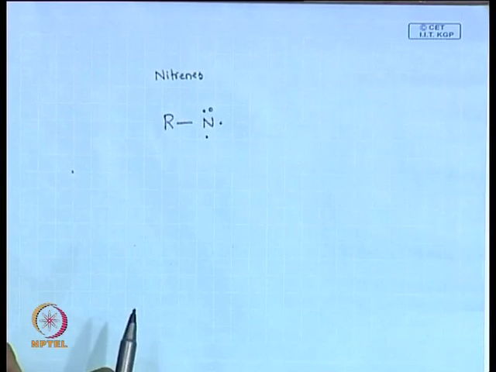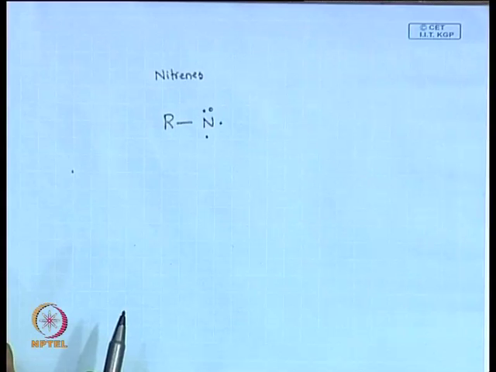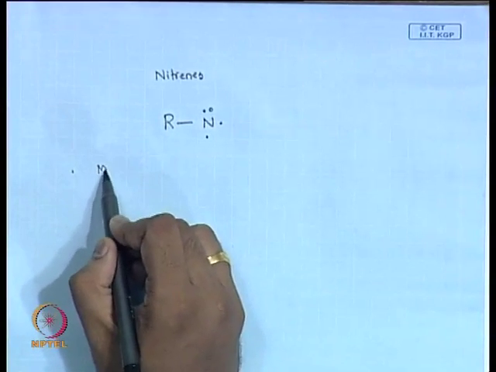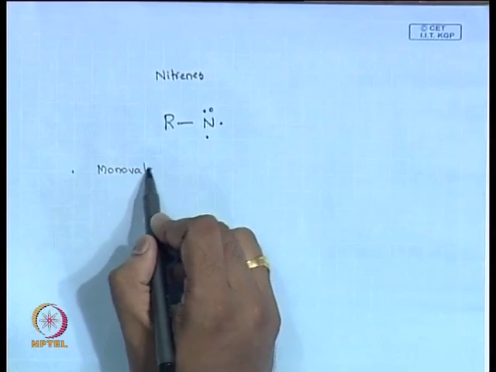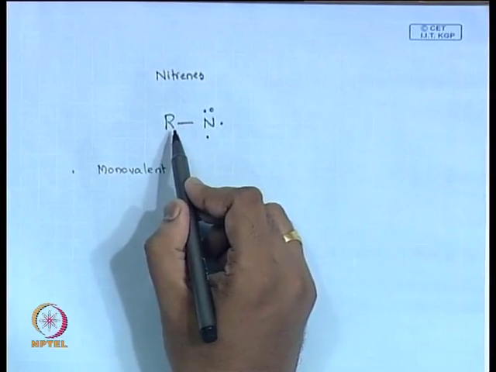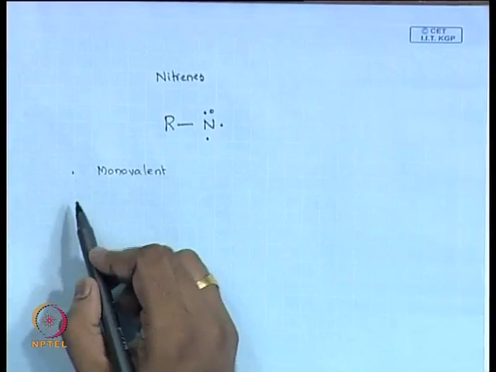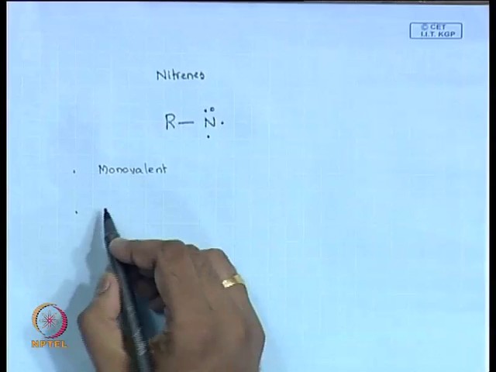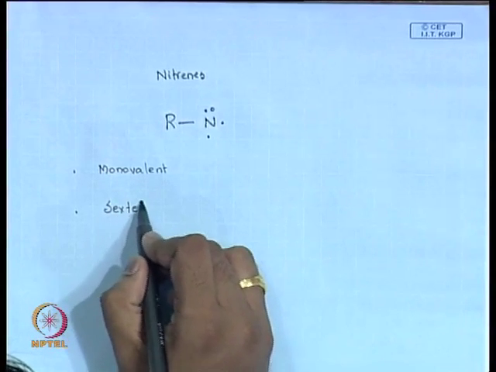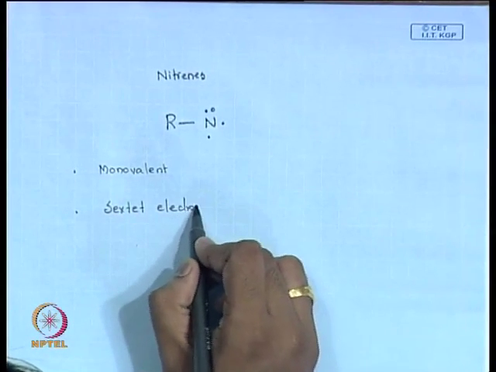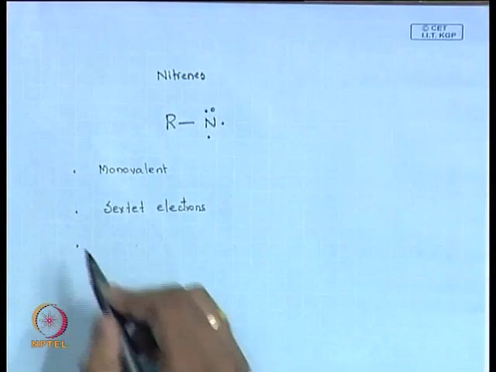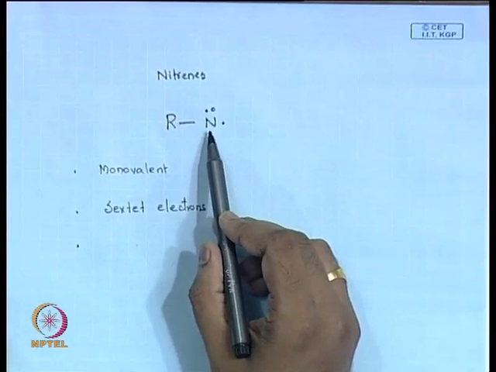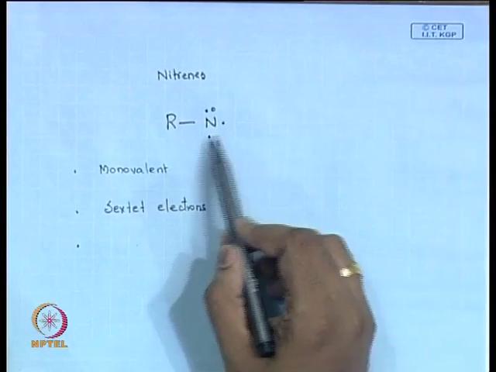So, carbene is divalent, right. So, this is monovalent, right. There is only one. So, it is monovalent, that is divalent carbene. Just you have to compare when you talk carbene and nitrene. Same way, this is surrounded by sextet electrons. Like carbon in carbene, carbon was neutral.